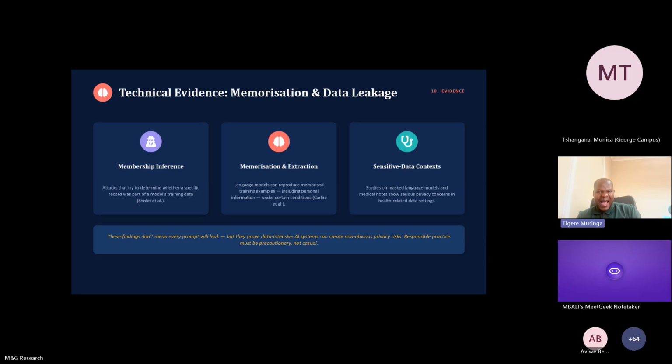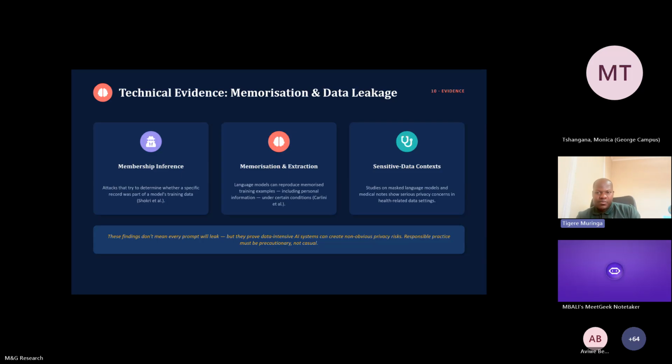That study said that under specific conditions, we can actually trace back examples that we take from AI platforms. Later research on masked language models and medical notes also showed serious privacy concerns in sensitive data contexts.